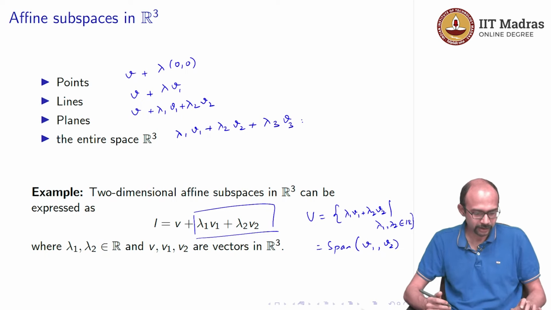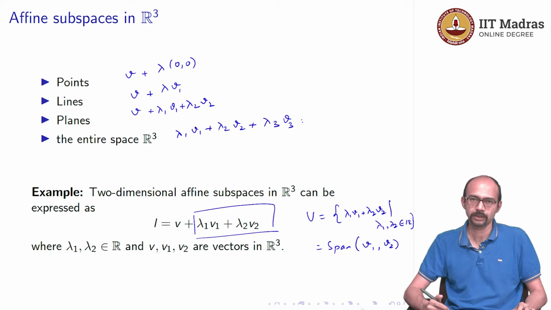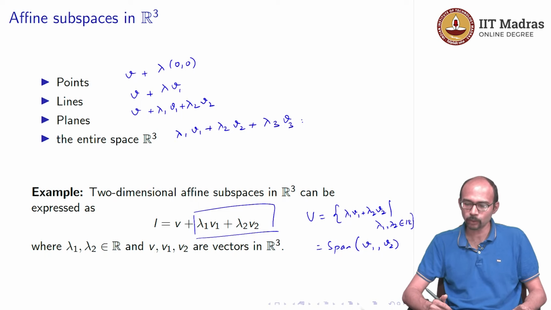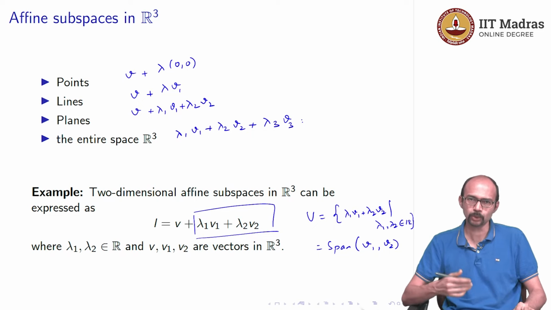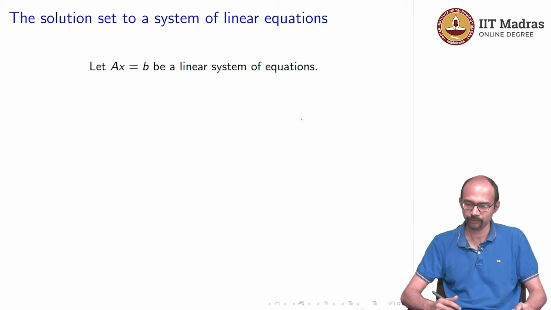If we want to do the same idea for the case of R 2, we would have V plus lambda times 0 0, then V plus lambda times V 1, and the third one would be just lambda 1 V 1 plus lambda 2 V 2, because that is the entire space. It is only two dimensional. So, I hope this gives you an idea of what affine subspaces are, and also the kind of equations which govern them.